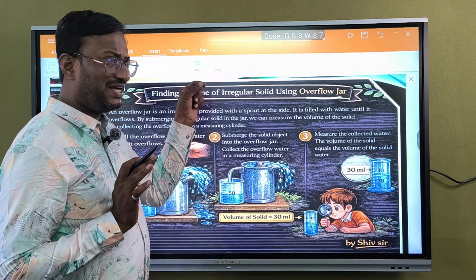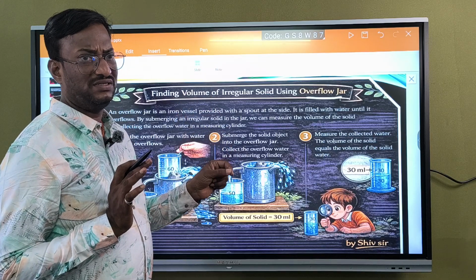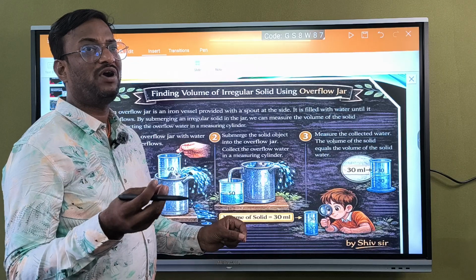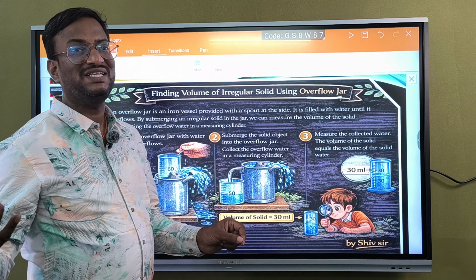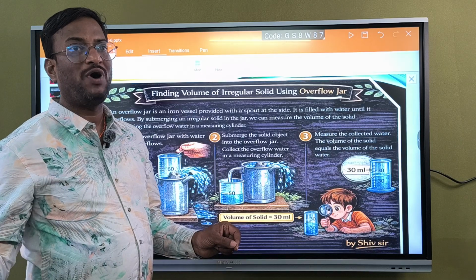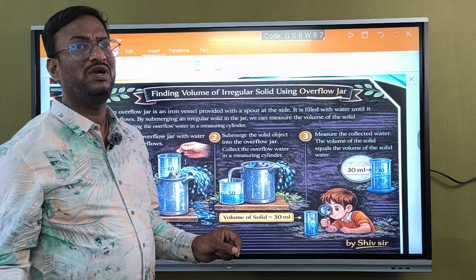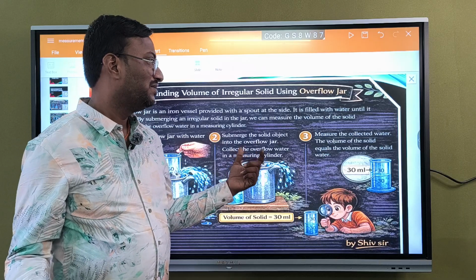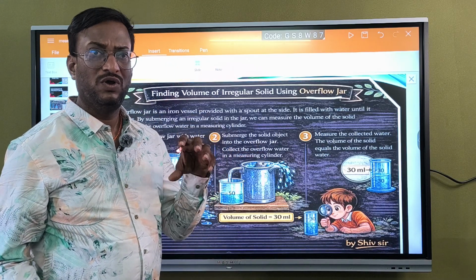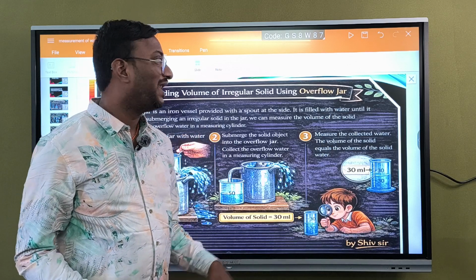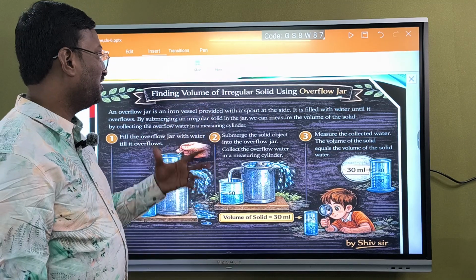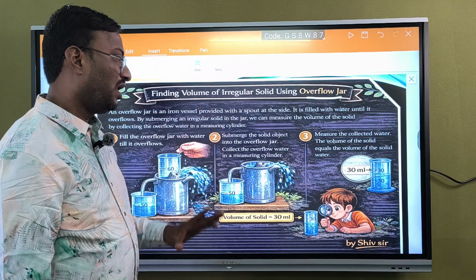And once again, insert a solid object slowly with the help of thread so that some water will overflow, and collect the water in another jar. The volume of water that has been collected is equal to the volume of the solid substance that we have inserted. Likewise, this is the other method to measure the volume of an irregular object or any other object.